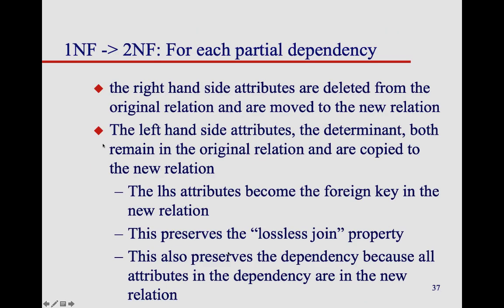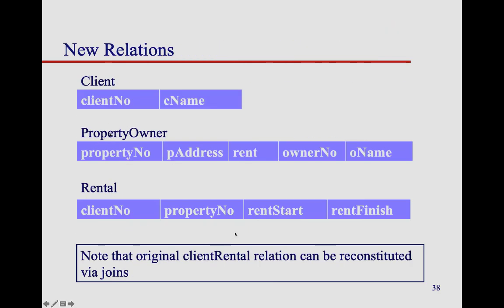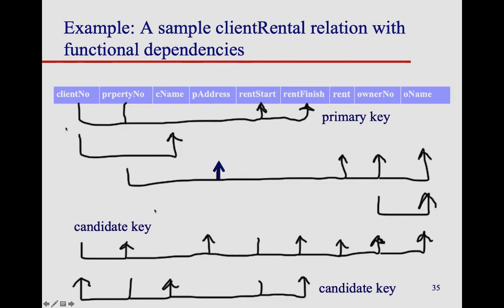And you might say, no, they haven't, Brad. I don't see, you said that client number and rent start determined property address right there, and I don't see it here. Where is property address? It's a transitive dependency. So technically, I should never have represented this one right here, nor these three, because these four, 1, 2, 3, and 4, they all depend on property number.